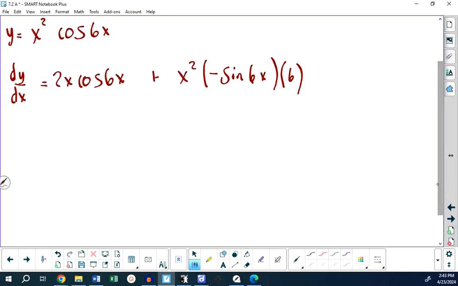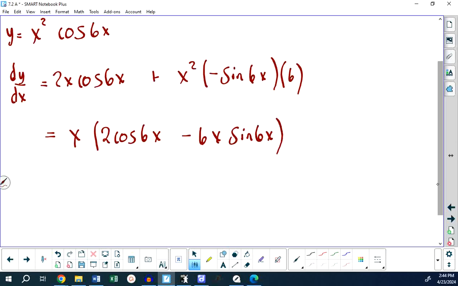Which simplifies just ever so slightly. I can take an x out and get that.